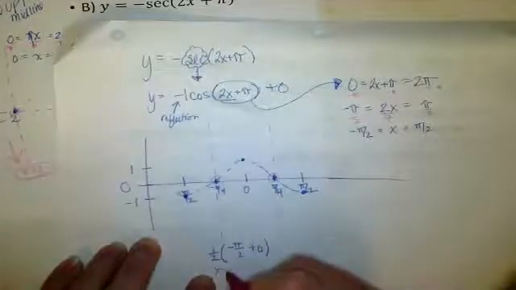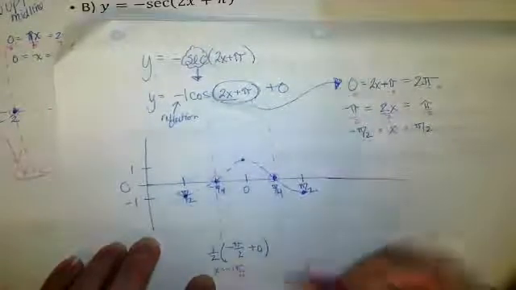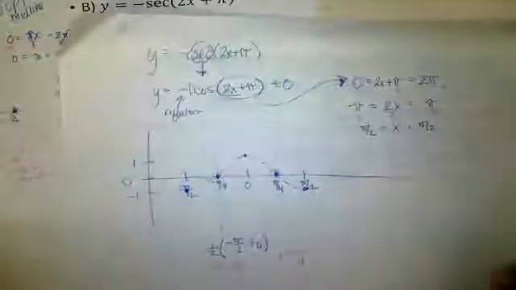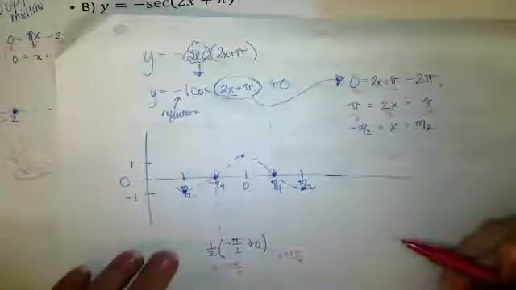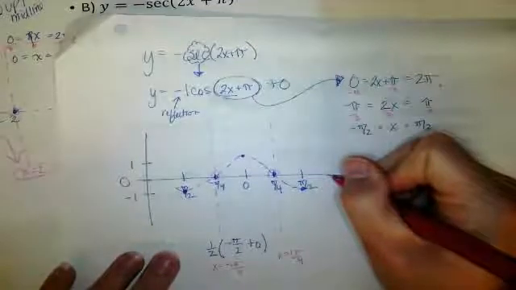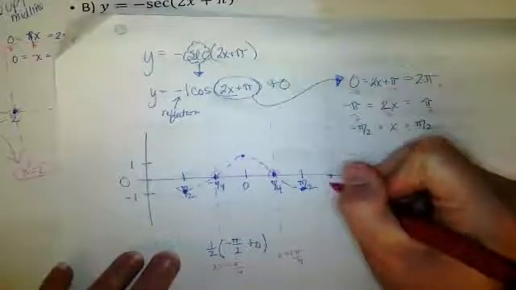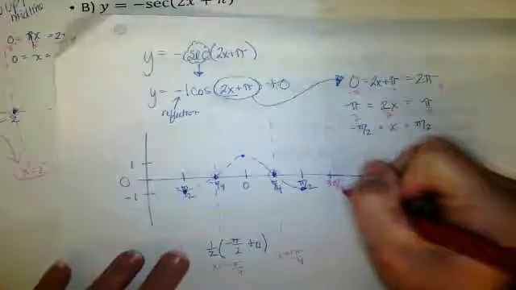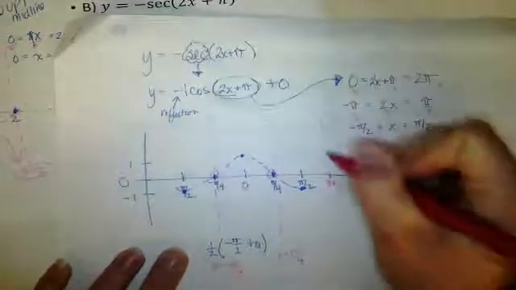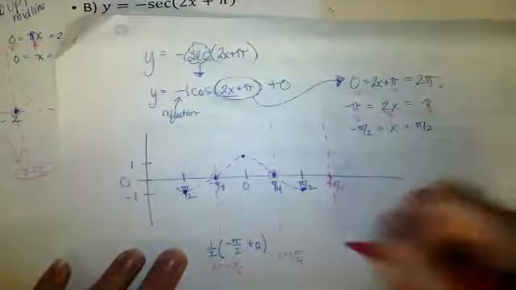At negative 1 pi over 4 and 1 pi over 4, where is another asymptote going to be? Three pi over 4. 1 pi over 4, 2 pi over 4, 3 pi over 4 is another asymptote.